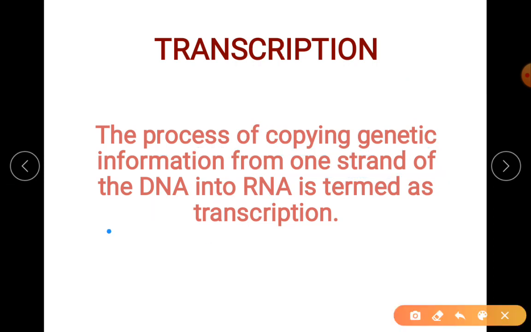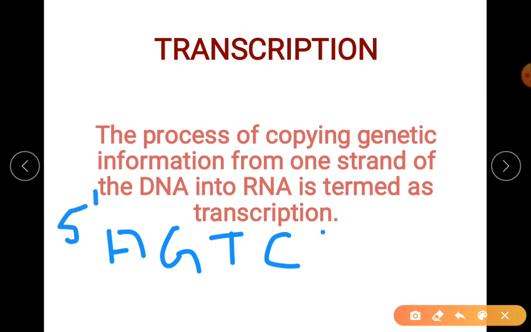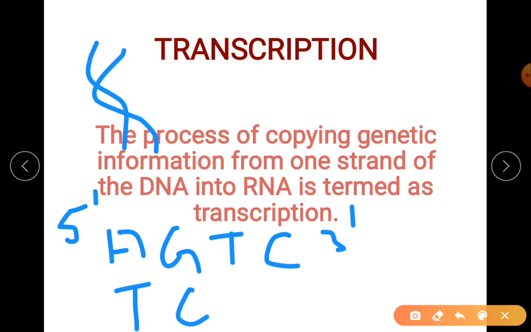So you know your DNA, A, G, T, C. Okay, so imagine this is 5' to 3' end. So complementary to this, DNA is double stranded. That's why I'm saying complementary is A is T, G is C over here, T is A, C, complementary G. And this strand will be anti-parallel.